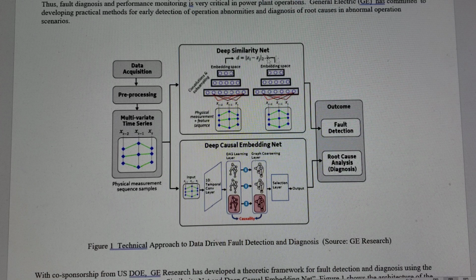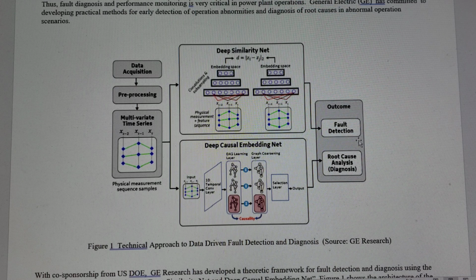The first one is deep similarity net that's used for detection. In the previous presentation, we talked about the difference between detection and diagnosis. Detection is basically to tell the difference between normal and abnormal conditions.